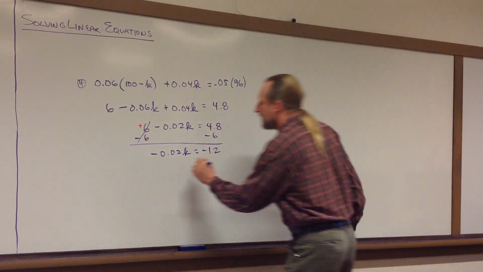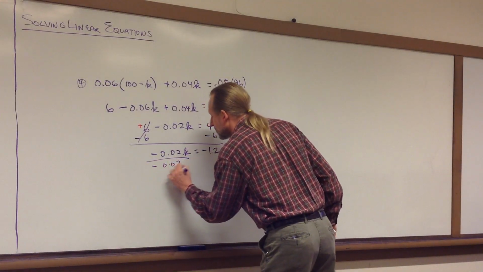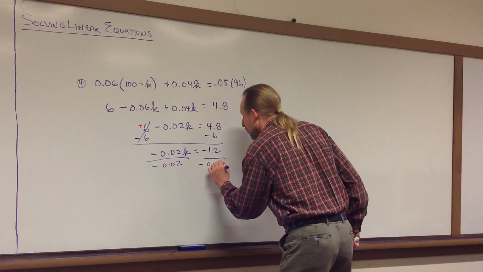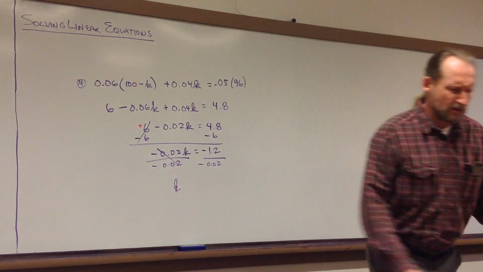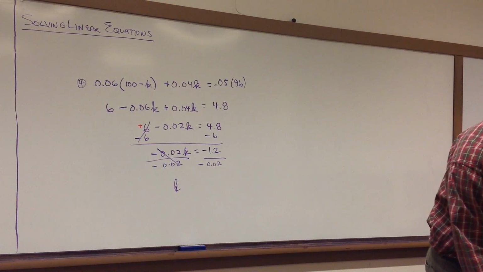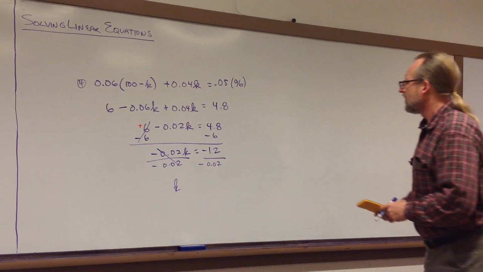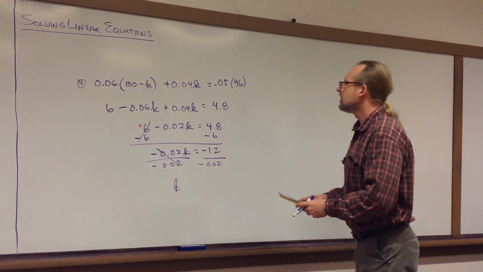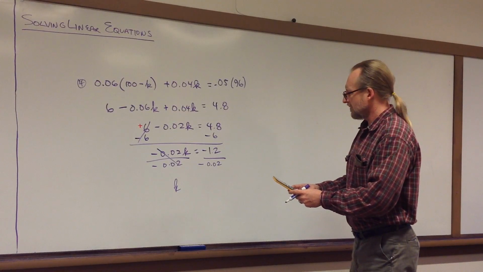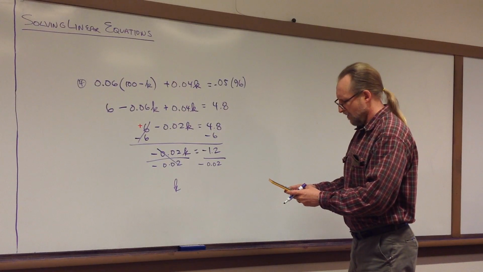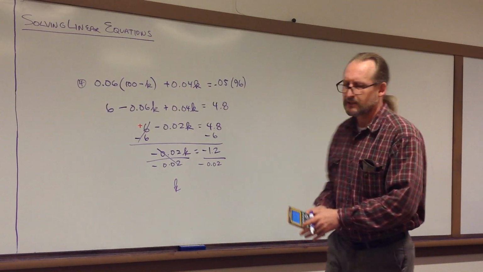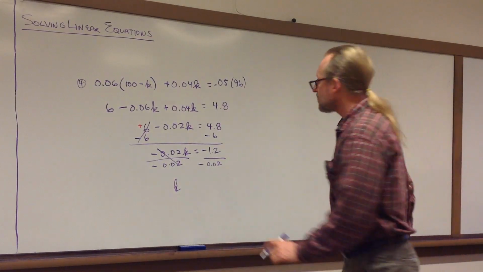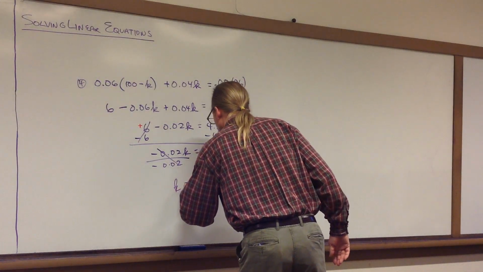And then we'll go ahead and divide on both sides by negative 0.02. And let's see. Looks like it's going to come out to be 60. Is that right? I believe so. Negative 1.2 divided by negative 0.02. Yeah, 60. Okay.